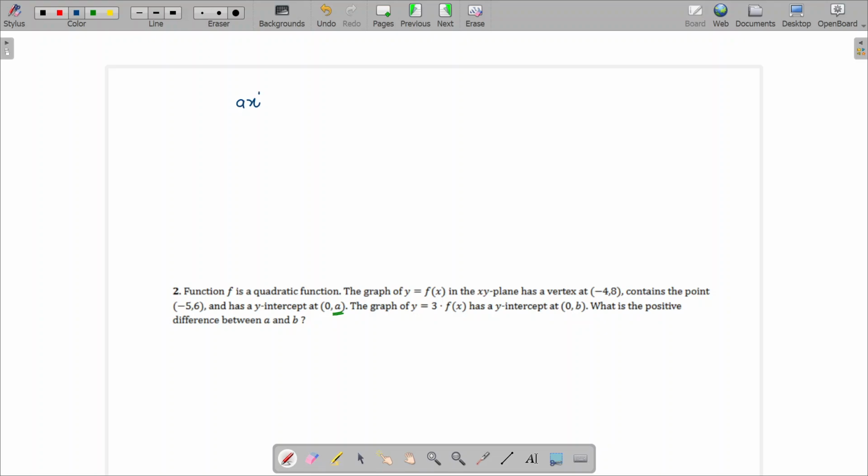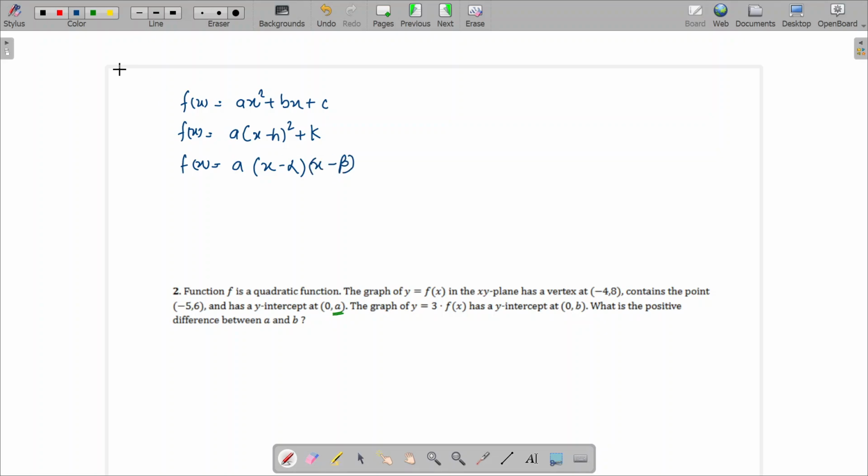First is the standard form, ax squared plus bx plus c. Second is the vertex form, which is f of x equals a(x minus h) whole squared plus k. And the third is the factorized form, a(x minus alpha)(x minus beta).